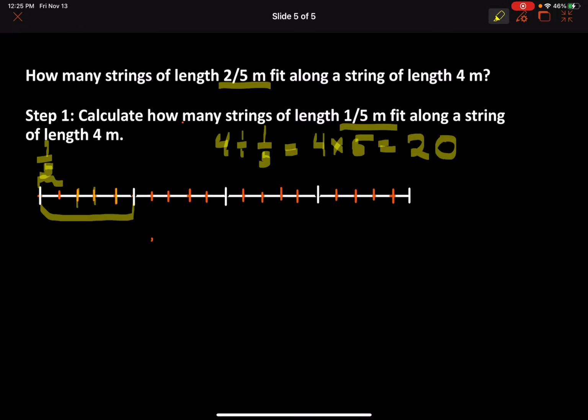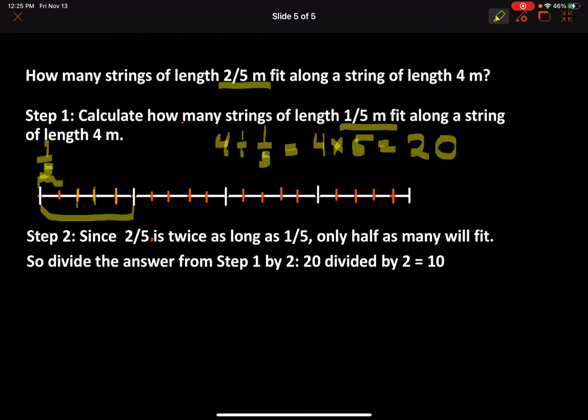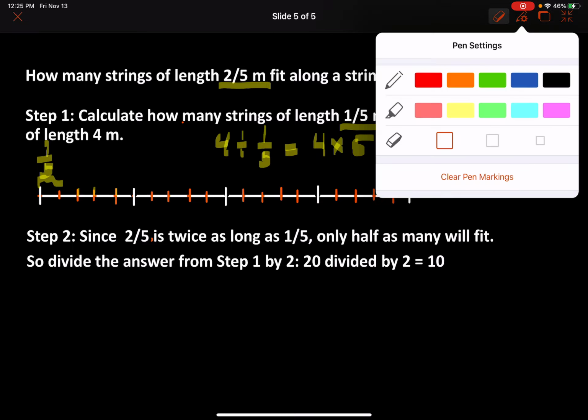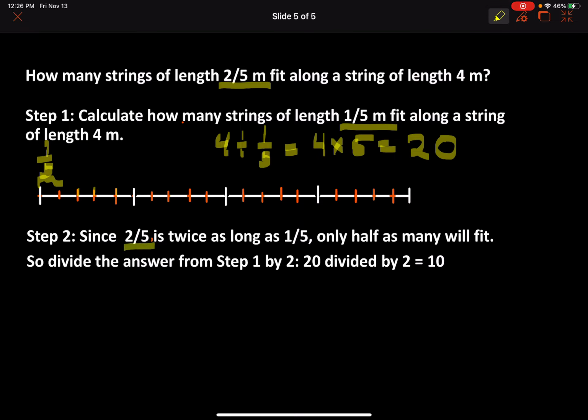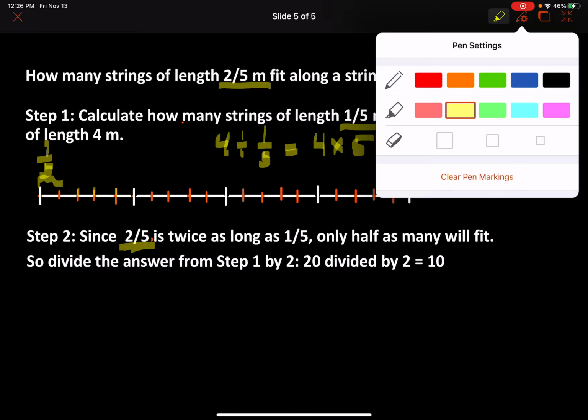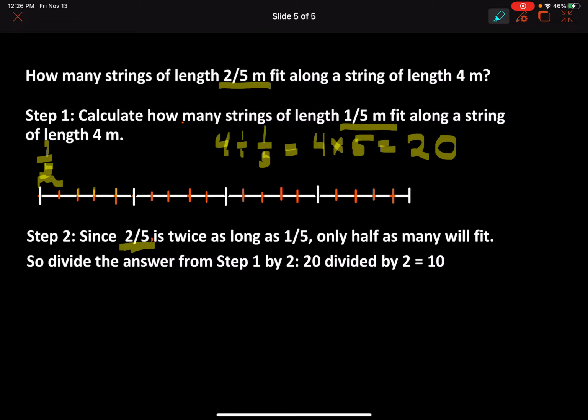Then I'm going to get rid of this. I divide this into 2/5 pieces. I want a different color. So now that is going to be 2/5, and 2/5 and 2/5, 2/5, 2/5, 2/5, 2/5, 2/5, and 2/5.